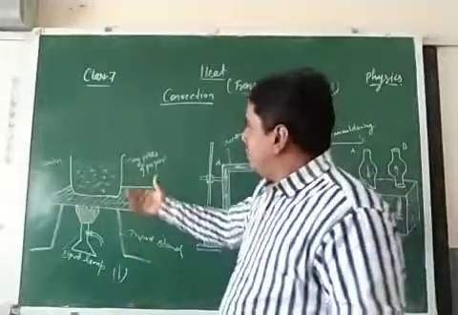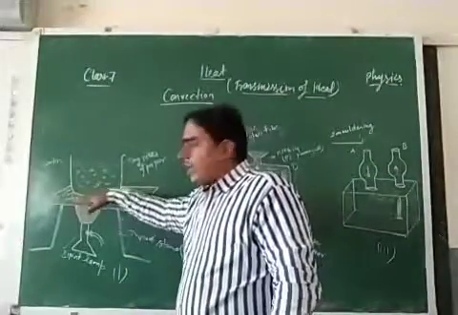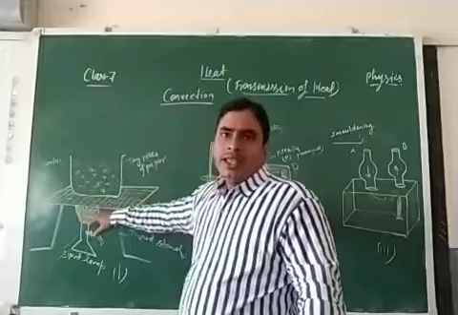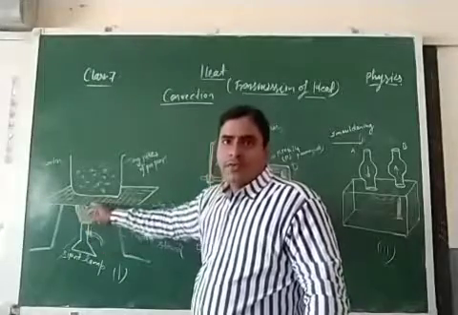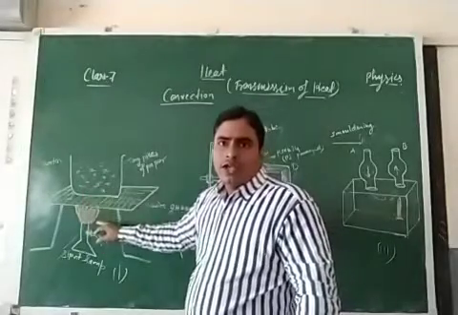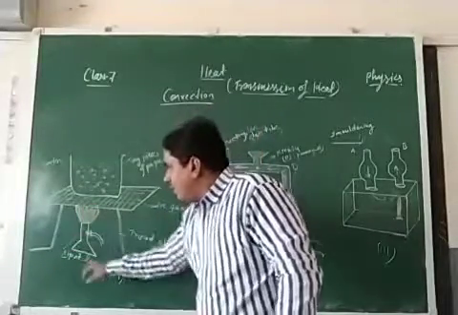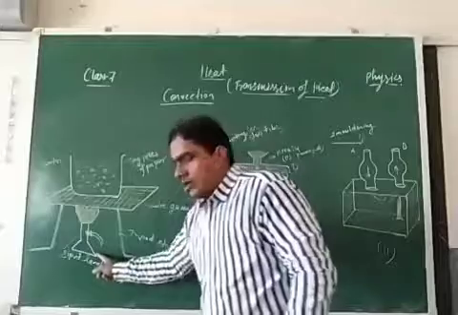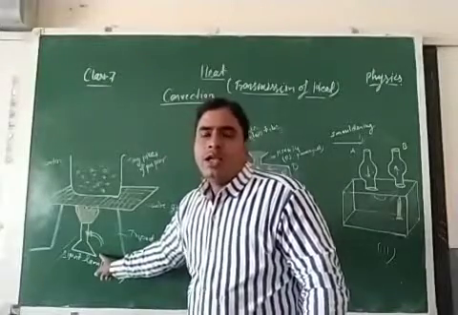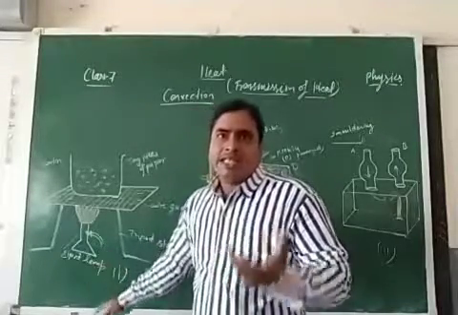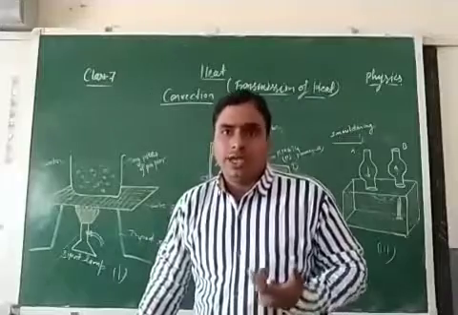Then put this beaker over a wire gauze on a tripod stand. Under the tripod stand we put a Bunsen burner or a spirit lamp to provide the heat energy, and that acts as a source of heat.